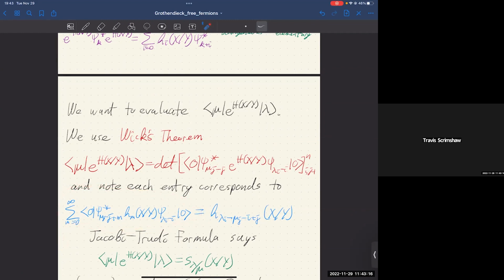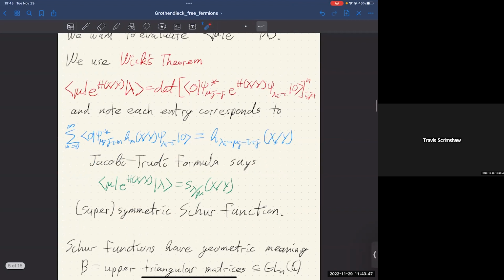And then the only way that this actually pairs up is if the index down here equals this index, which then tells us exactly what the value of m should be. It should be this value minus this value. And we get this here. So we have a determinant of these supersymmetric homogeneous symmetric functions.